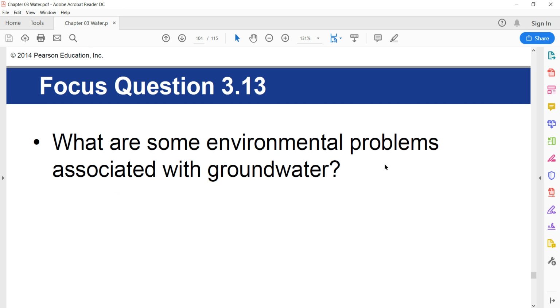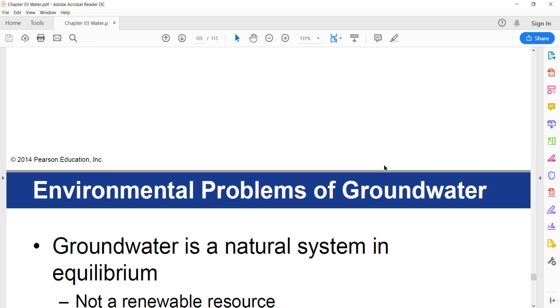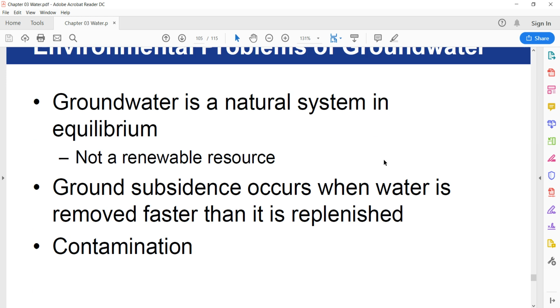What are some environmental problems associated with groundwater? Now we will see some of the challenges and why we must preserve and protect the groundwater. Groundwater is a natural system in equilibrium, and it is considered not a renewable source.